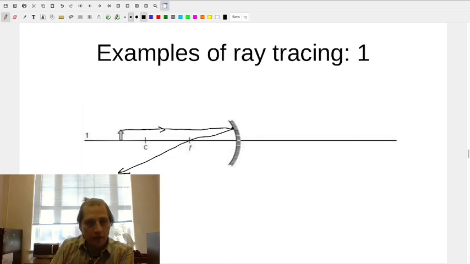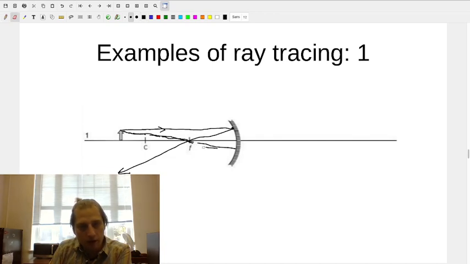On the other hand, if it goes in through the focal point, so these are just two different specific rays that are coming off of the tip of my little arrow there. They're not particularly special, but they are useful.